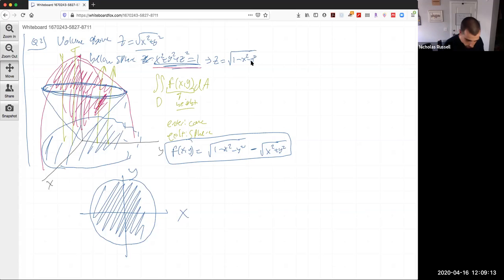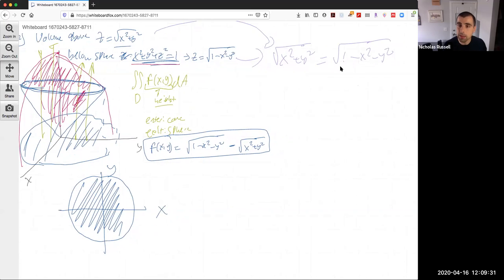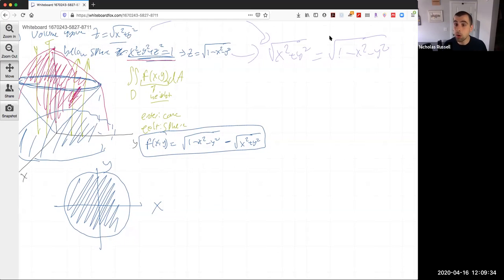So to find my intersection, and this is why this problem gets kind of crazy here, what I need to do is solve for the square root of x squared plus y squared equal to the square root of 1 minus x squared minus y squared. Where does this happen? That's my goal.